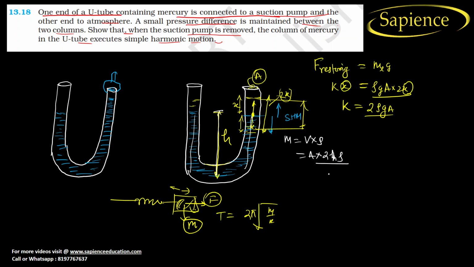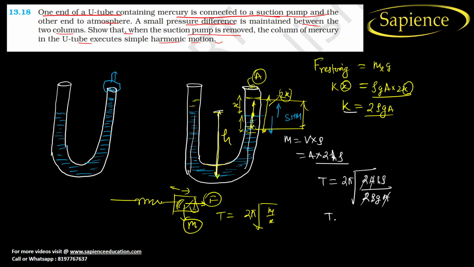Now we need to put in the values of mass as well as k. So the time period will be equal to 2 pi root under, mass is 2 into area into h into rho, divided by k, which has the value 2 rho g into A. So A got cancelled, 2 got cancelled, rho got cancelled.